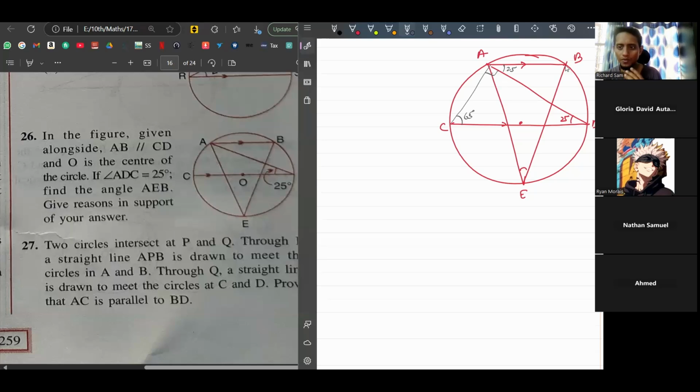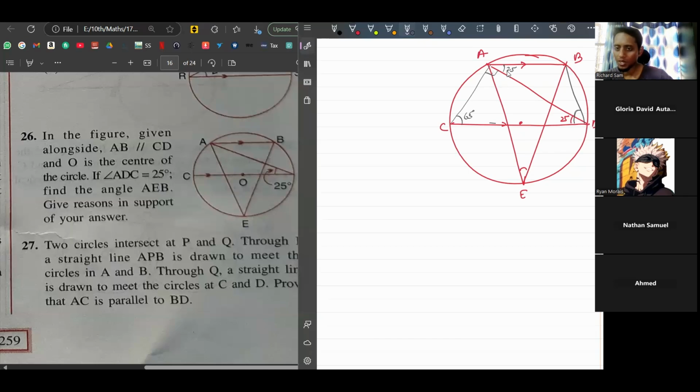Okay, see if I join BD, I'm getting a cyclic quadrilateral here. ABCD is a cyclic quadrilateral. There's a property for cyclic quadrilateral that opposite angles of a cyclic quadrilateral are supplementary. So look at angle A, that is 90 plus 25. And here, this whole thing is the angle for the cyclic quadrilateral. So when you add these two angles, you should get 180.